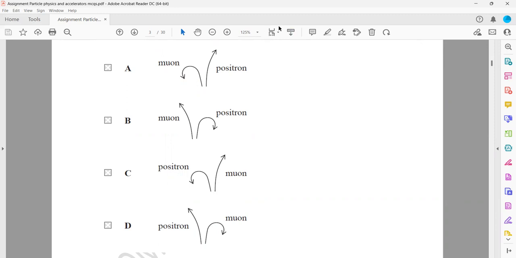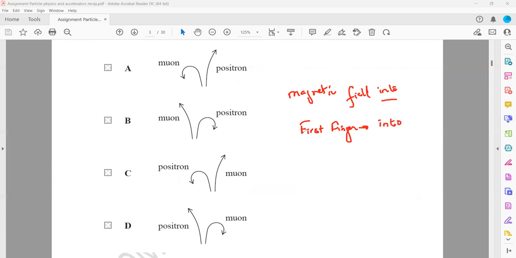So the magnetic field is into the page. Our index finger, or first finger, represents the direction of the magnetic field, which points into the page.